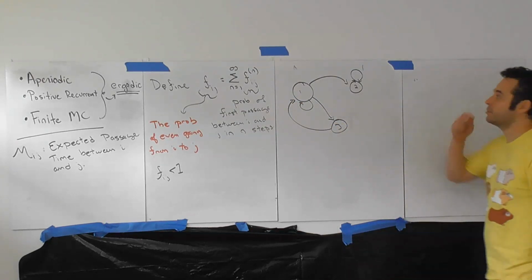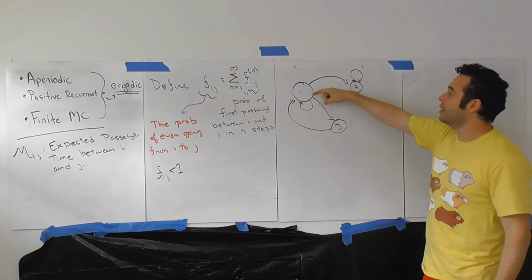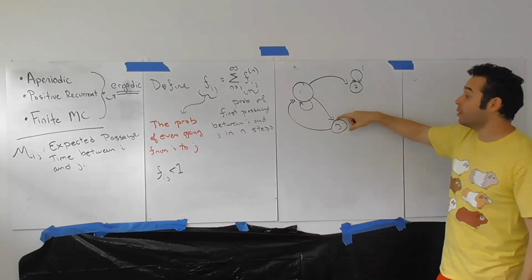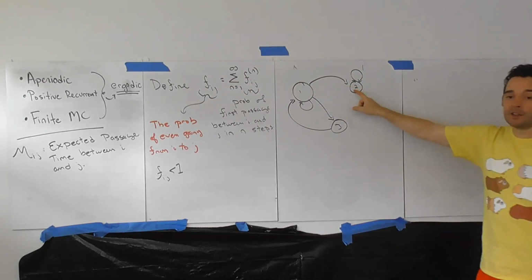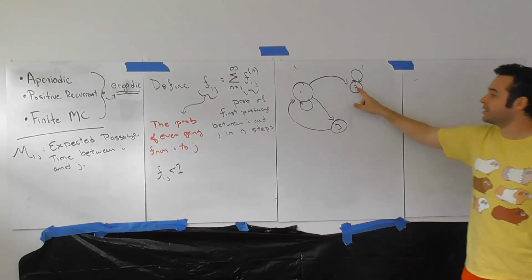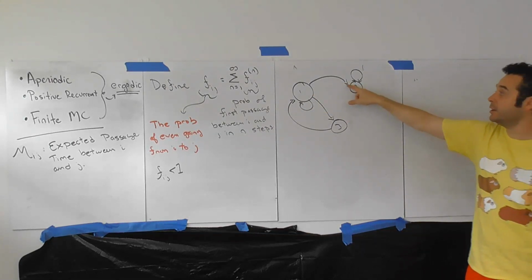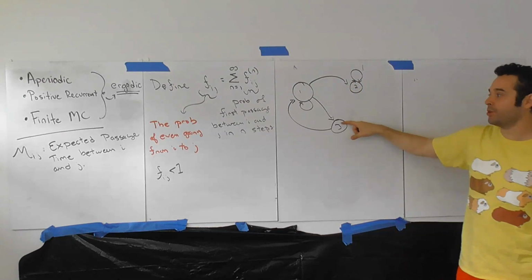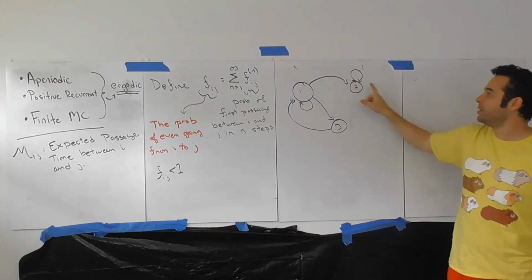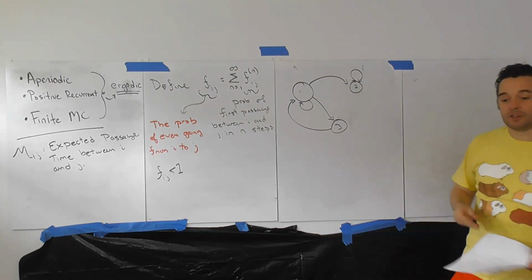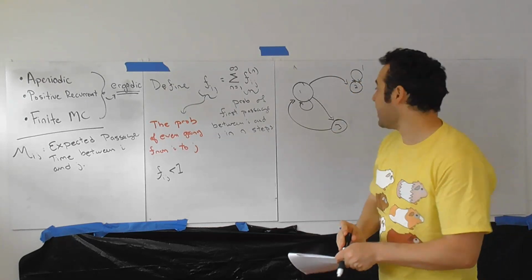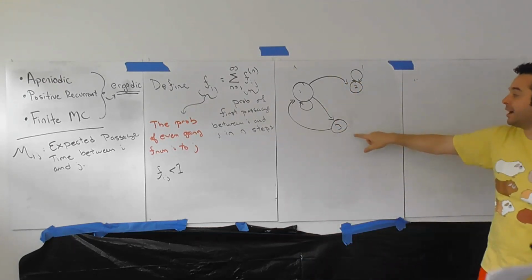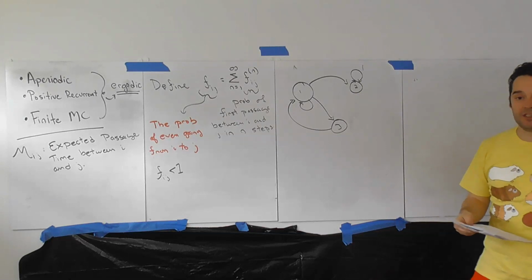And we might ask, what's the probability of going from 1 to 3? If you get stuck in 2, then you can never get to 3. So with some probability, you're never able to actually get to 3. And if that happens, the expected time to get to 3 is actually infinity.